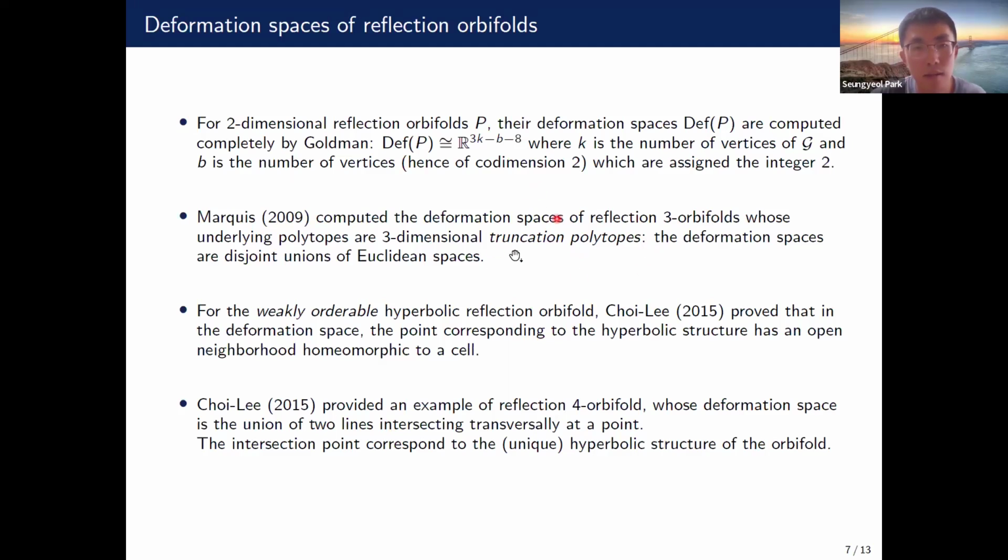In that setting, Marquis computed the whole global deformation space, which turns out to be a disjoint union of certain Euclidean spaces. For other Coxeter orbifolds, some partial results, such as the local structure around the hyperbolic structure, are also known, developed by Choi and Lee.